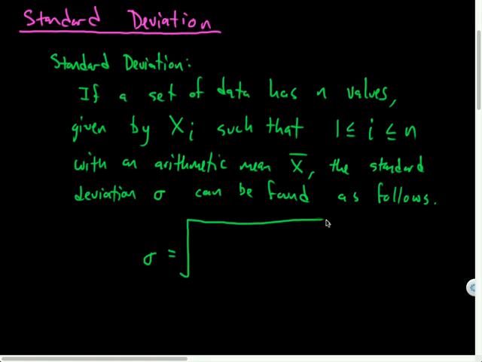So there's going to be a square root of this whole thing of 1 over n, times the sum, the sigma, of i equals 1 to n. And I'm going to have the difference between my data and the mean, but instead of absolute valuing it, I'm going to square that. So that's squared.